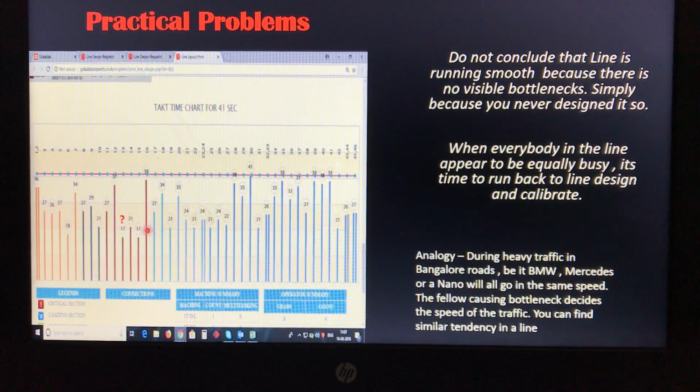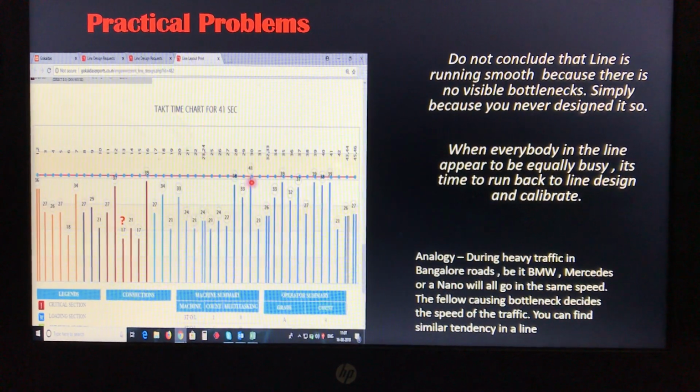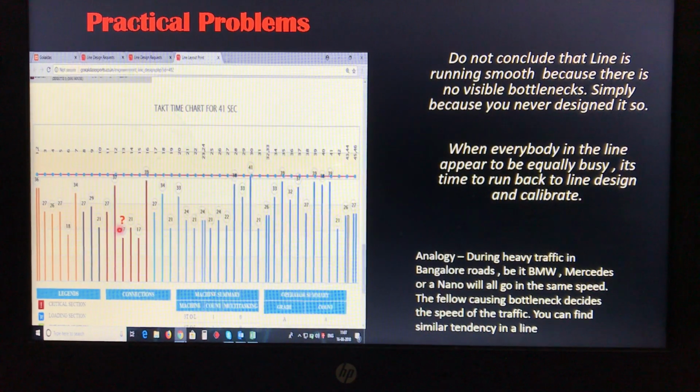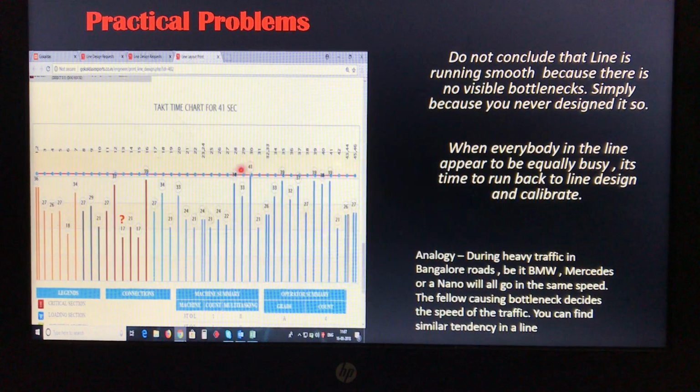So what happens? Even the person who's supposed to be working at 17 seconds does it at the speed of the demand, 41 seconds. And eventually the entire line works around the speed of 41.